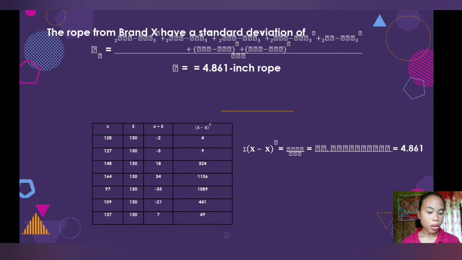Then we have to square root it to come up with 4.861 inch roof, the standard deviation of the Brand X company.